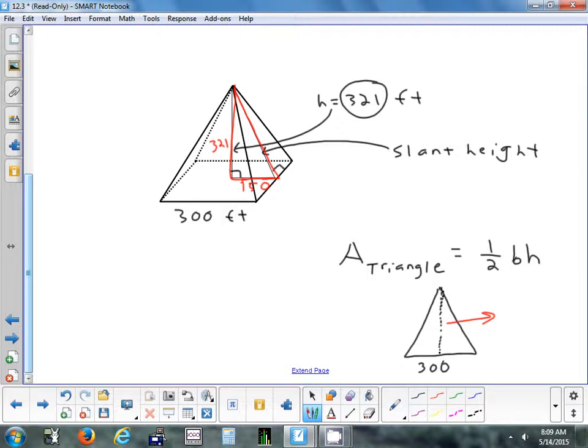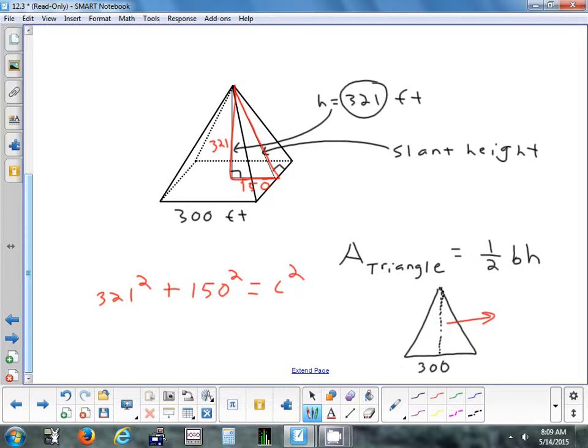Can anyone tell me, plugging into the Pythagorean Theorem, how these numbers fit in? What do I do? Yep. A squared plus b squared equals c squared. 321 squared plus 150 squared equals c squared.